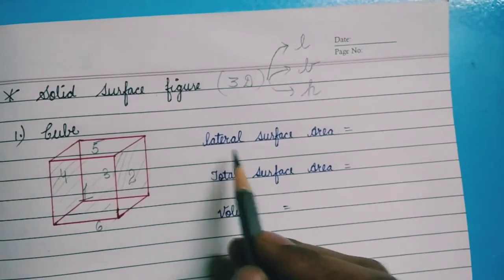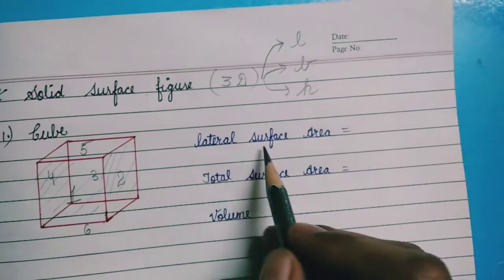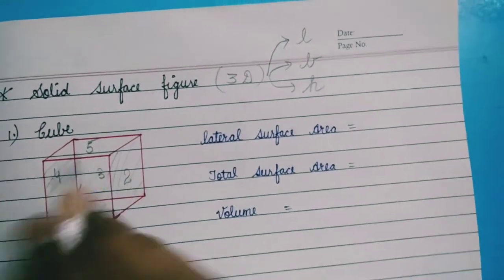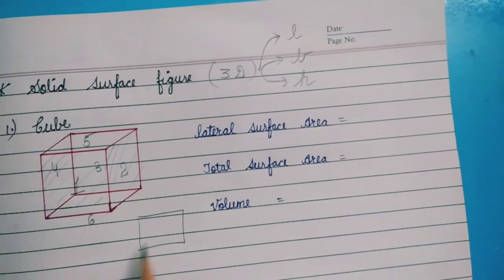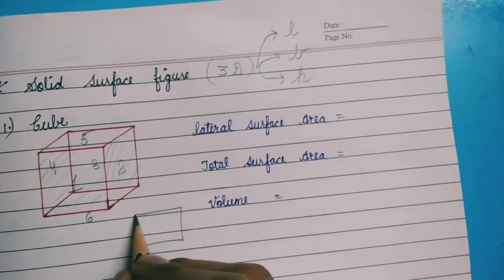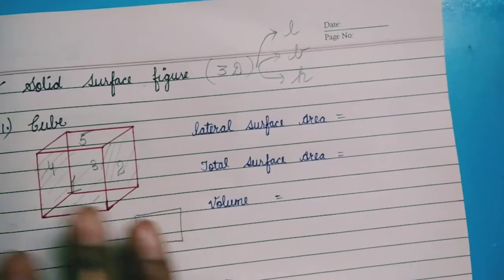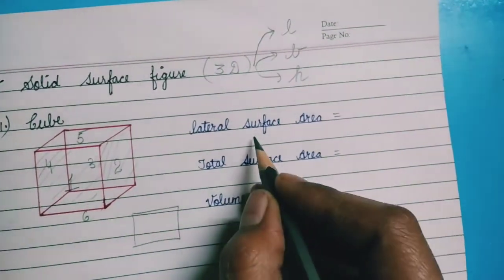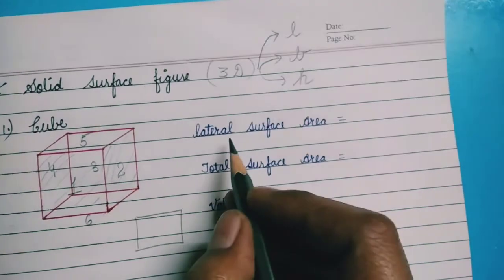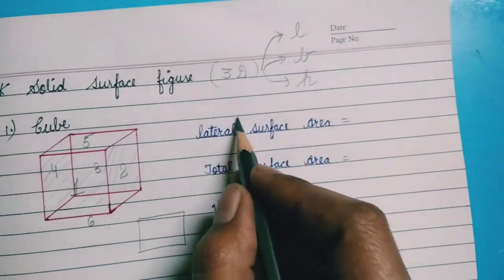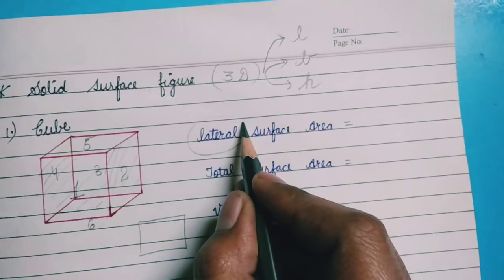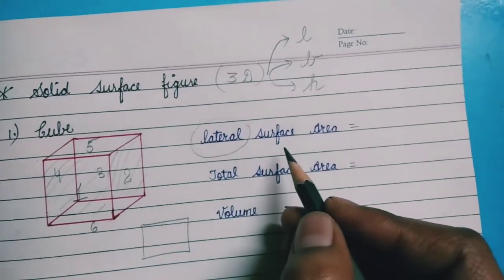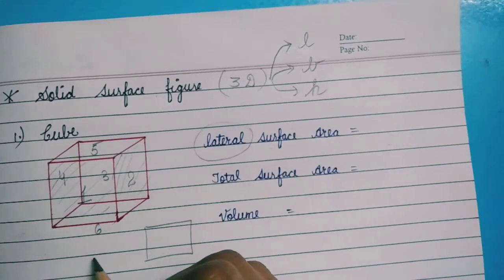So the first thing that we need to find out is the lateral surface area. Surface area means finding out the area of one square surface, and that is known as surface area. But before surface area, here we have one word which is lateral. Lateral means all the sides of the object.